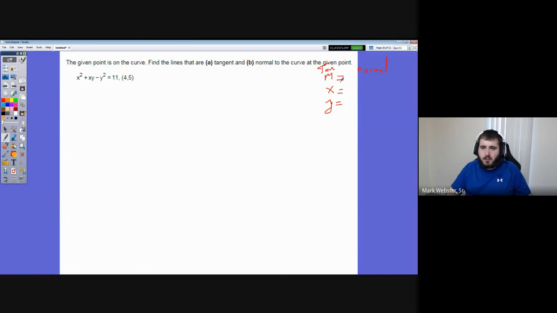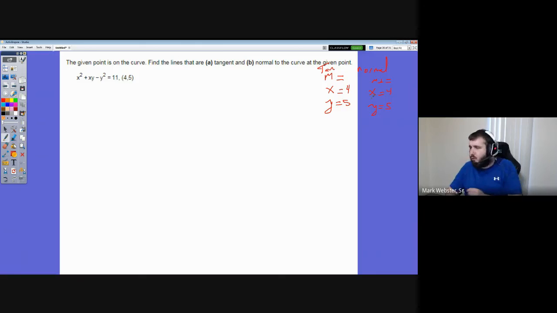So whatever the slope is here, opposite reciprocal here, but still the same x and y. Right? Perpendicular. Figure that out. Get our x, get our y. Our x is 4. Our y is 5.